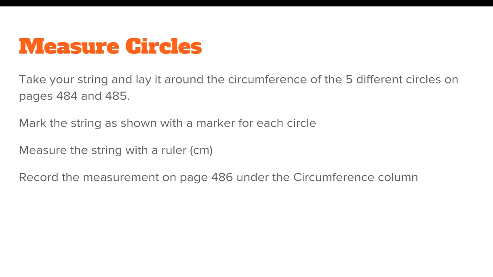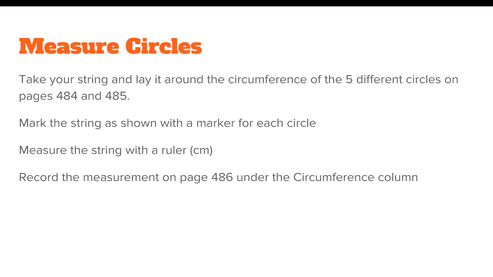So you lay the string around the circumference of the circles one at a time, and you're going to mark the string wherever it ends. So for the small circle, you put the string around as much as you can, and then you mark the end.